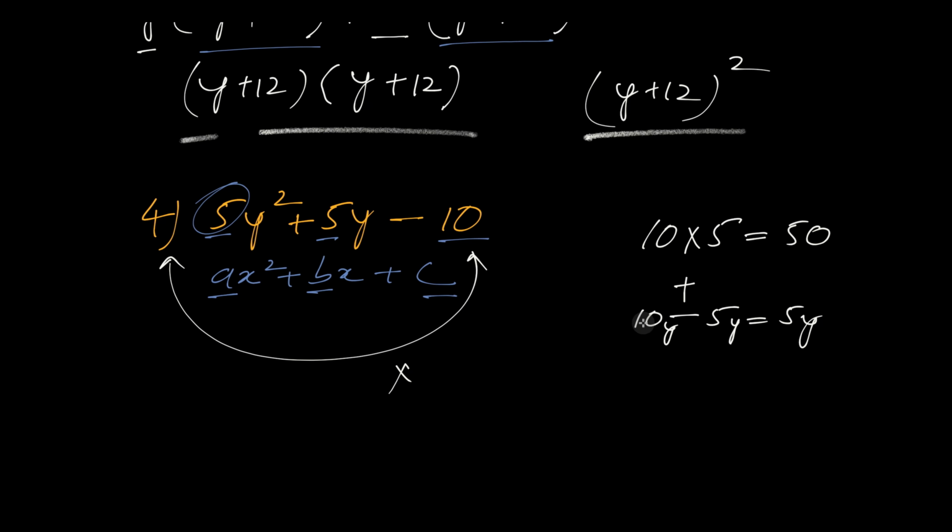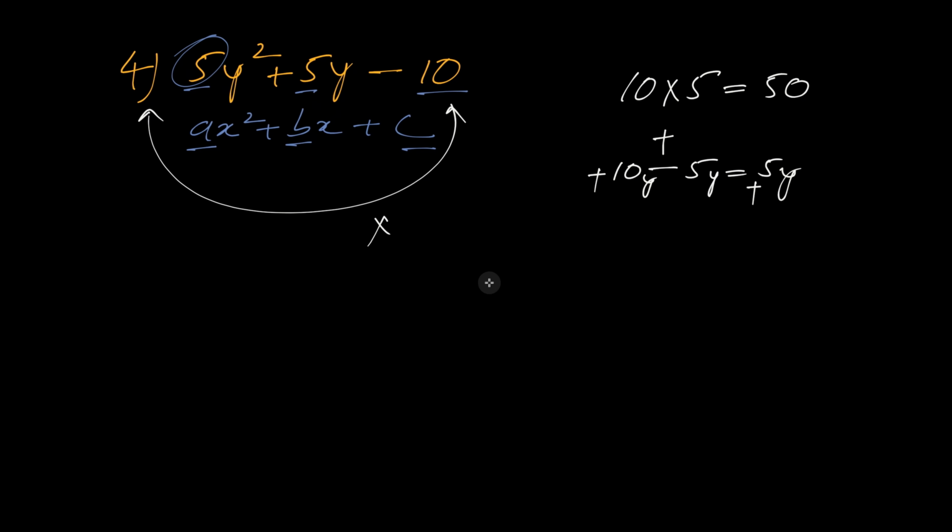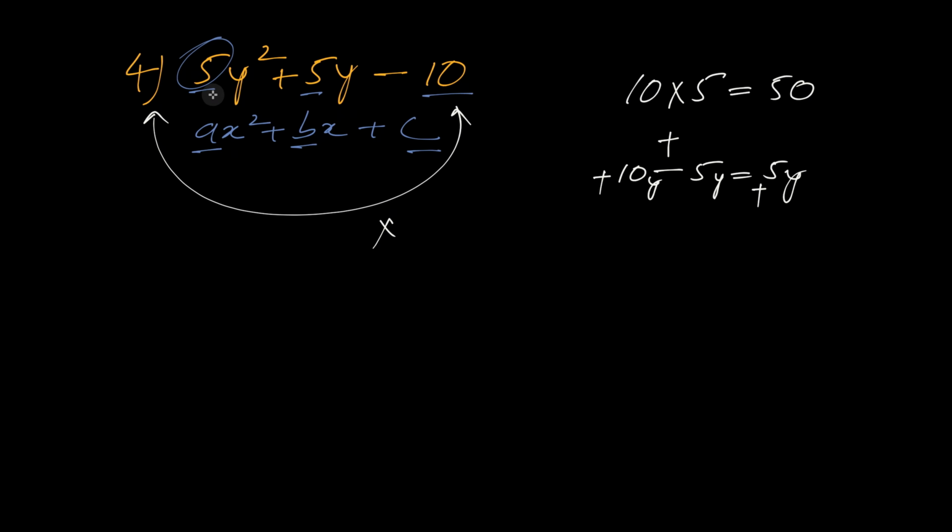What is the bigger number's sign? It is positive, hence I am getting the answer as positive 5y. Let's move this upside and we will take the question and replace 5y. 5y square plus, instead of 5y I am going to write 10y minus 5y, minus 10 as it is from the question.